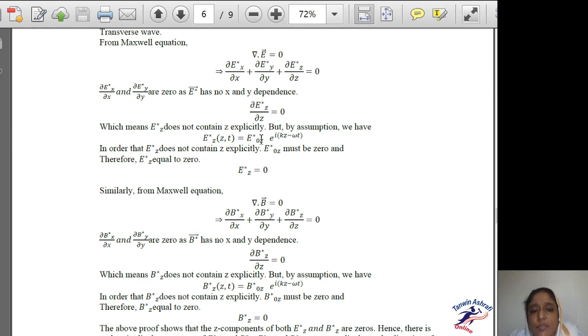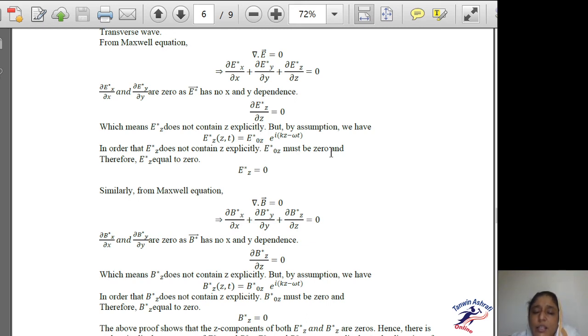For Ez we have this equation. In order that Ez does not contain z explicitly, E0z, that is the amplitude, must be 0. Therefore, Ez will become 0 because the exponential term e raised to i(kz minus omega t) cannot be 0. So what remains is only the amplitude, and that makes it 0.